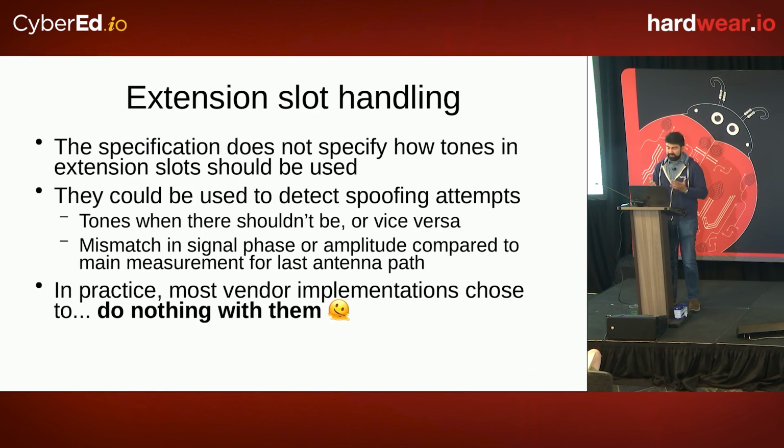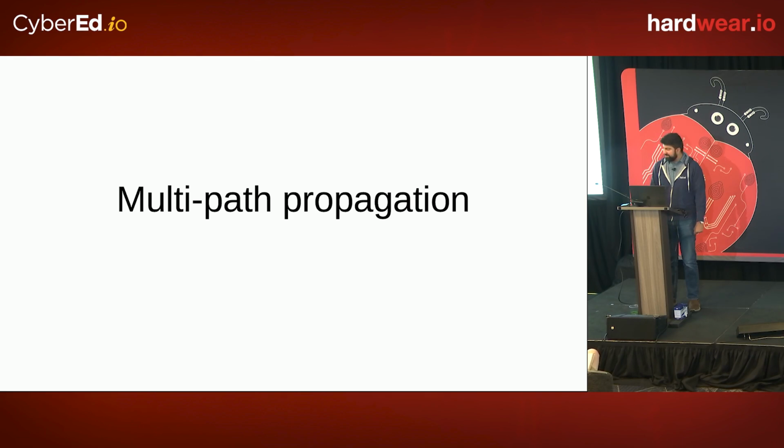But since the extension slot handling is not defined by the spec, while it could be used to detect spoofing, the spec doesn't mandate it, and so implementers just chose to do nothing. If the spec doesn't say I need to do anything, then why should I? Just less work. So because of that, I don't really consider phase-based ranging and channel sounding to be secure ranging, despite how channel sounding is marketed.